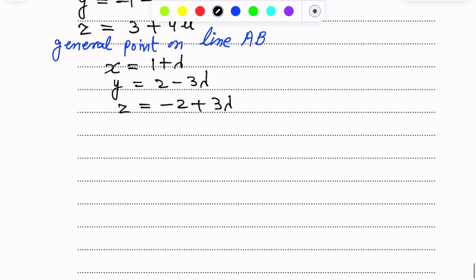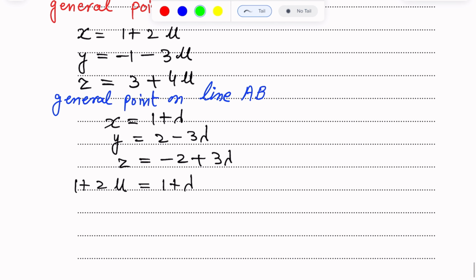We are equating, so we get 1 plus 2 mu is equal to 1 plus lambda, and equating y coordinates of both the lines, minus 1 minus 3 mu is equal to 2 minus 3 lambda.